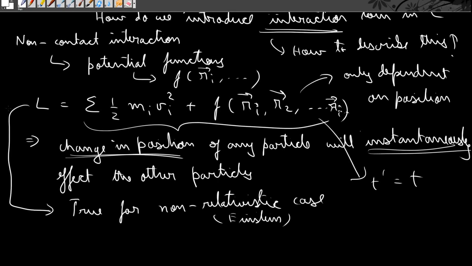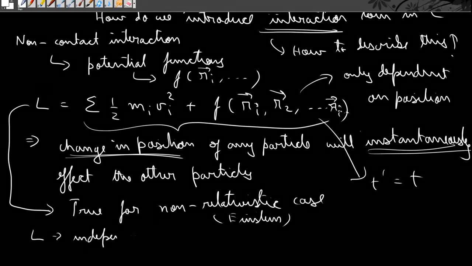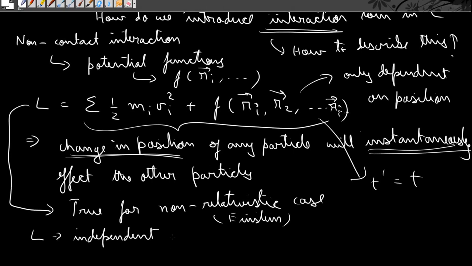Another thing that you can notice here is that this Lagrangian is independent of time. Okay, so what is the consequence of this? Its consequence is that the system doesn't know whether you're moving the time forward or backward.